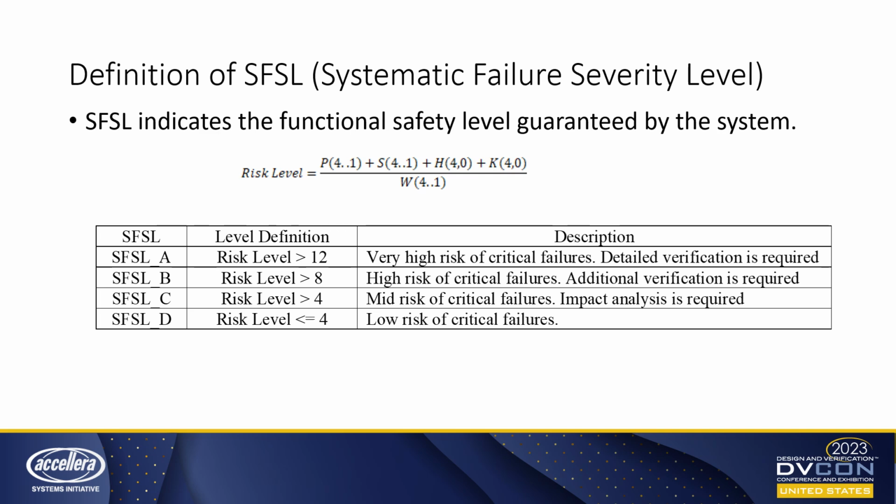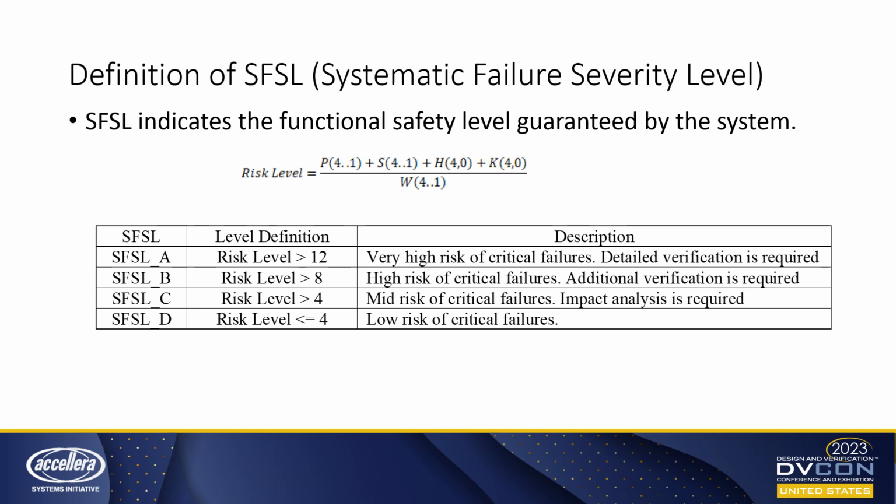Through this risk factor assessment, we get a point for each risk factor, and through the sum of these points, we get the risk level point. According to the points, we can define the SFSL, the systematic failure severity level.